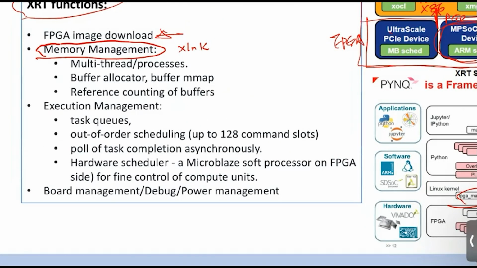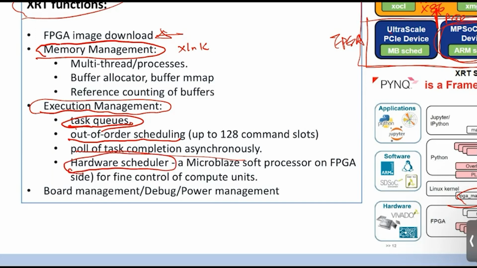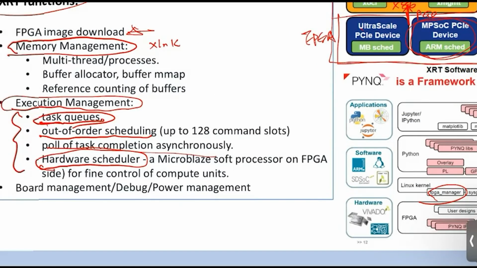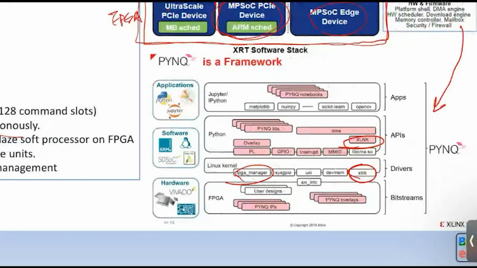And it has the execution management. It can do task queue management, and it supports out-of-order scheduling, and you can also poll the task completion status. And you can also do the hardware schedule. So this one corresponds to MMIO in Pynq.